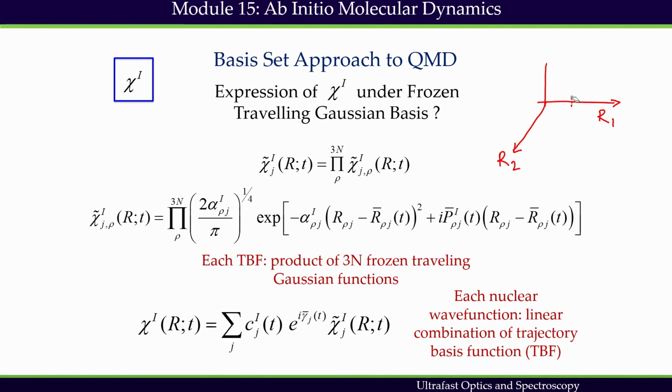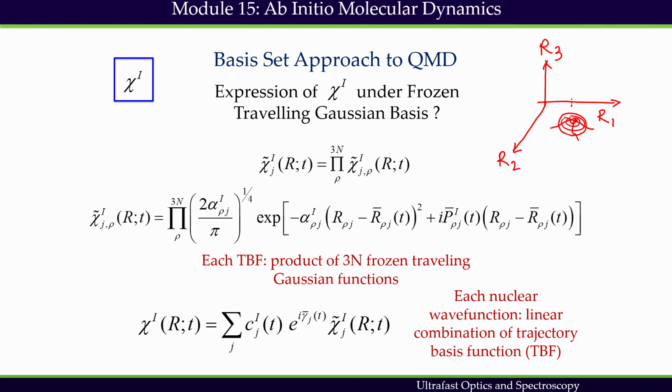If we take it two-dimensional, then I have one Gaussian like this, another Gaussian should be like this. So, it makes a contour like this. So, it's more like localized in two-dimensional space. Similarly, for three-dimensional space there is another Gaussian which will be along the z-axis, the R3 axis.